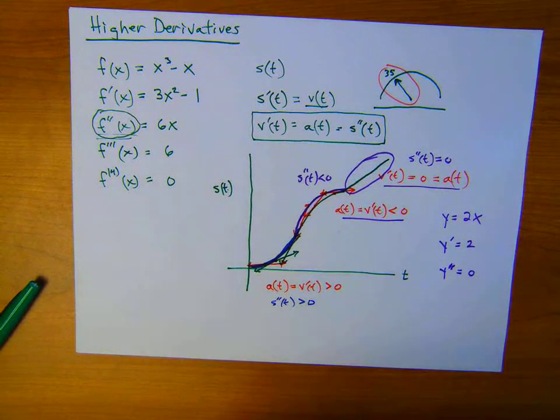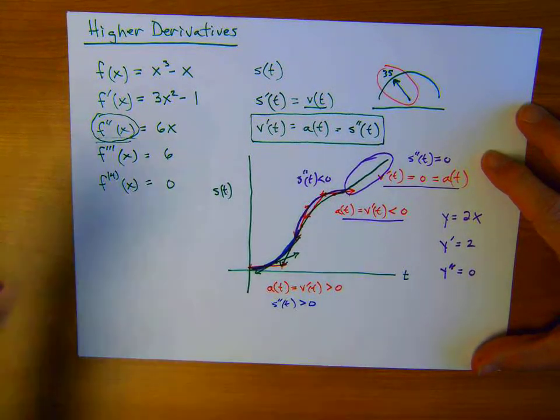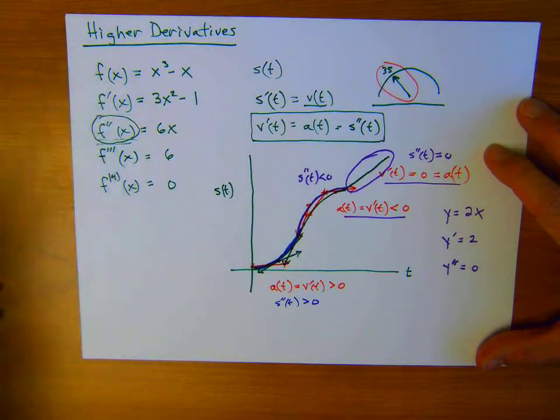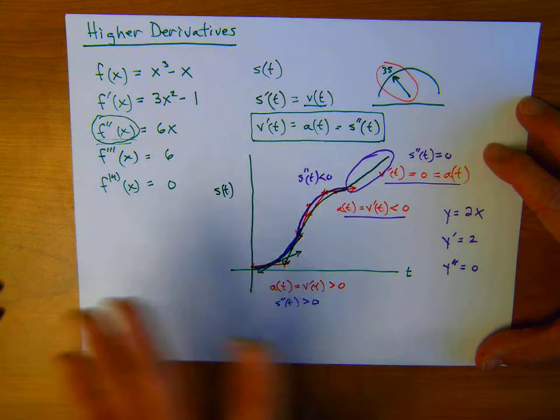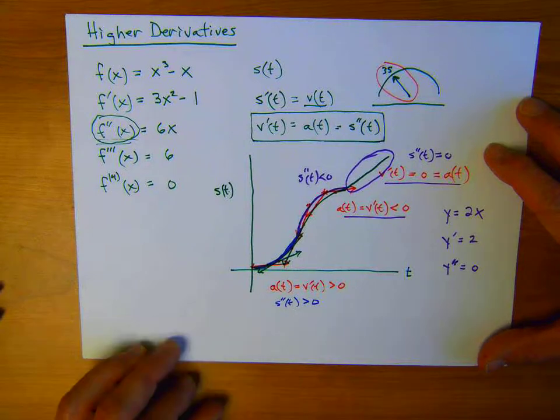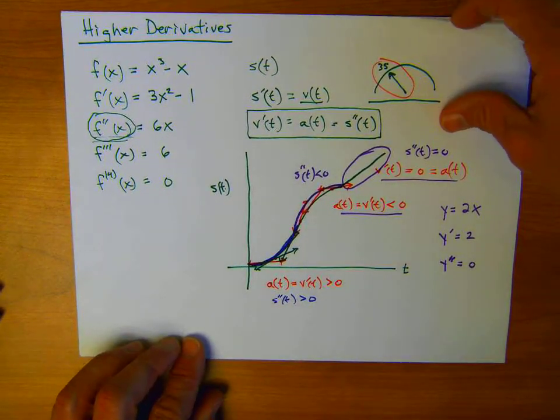So anyways, these are just some ideas that I think are useful in terms of thinking about the second derivative, because otherwise we're just kind of taking derivatives because we can. This, I think, is an application of the second derivative that can help us make sense of it. Okay, so much for introducing the idea.